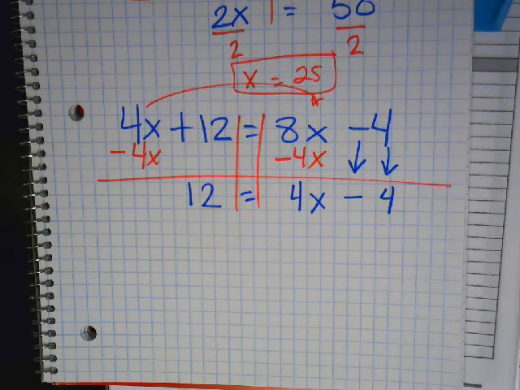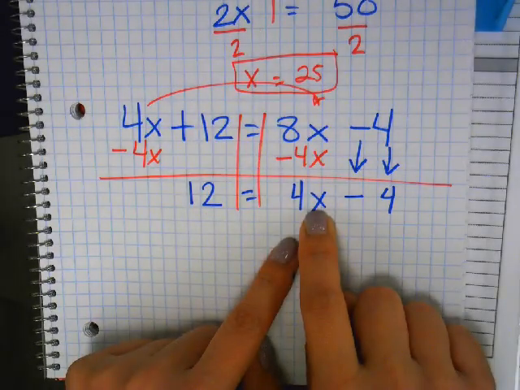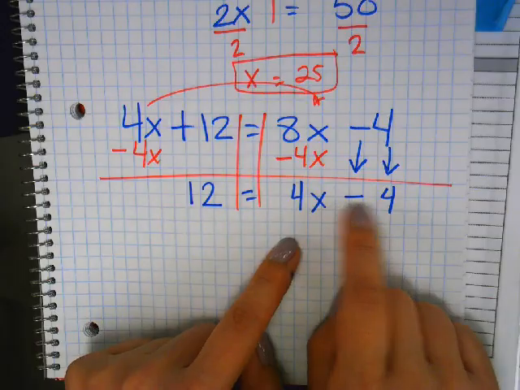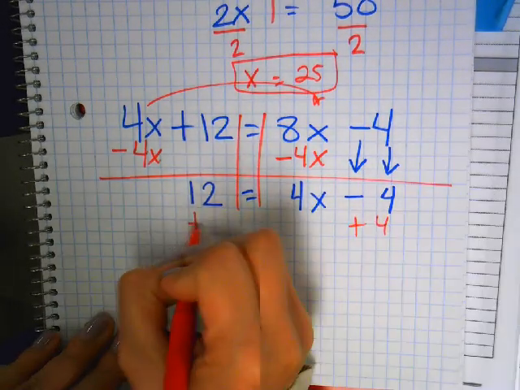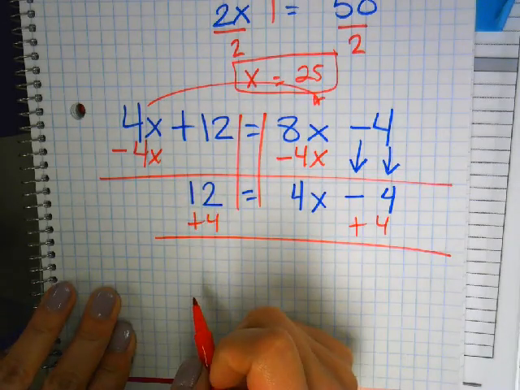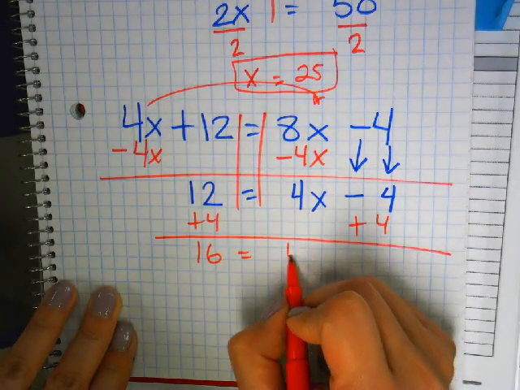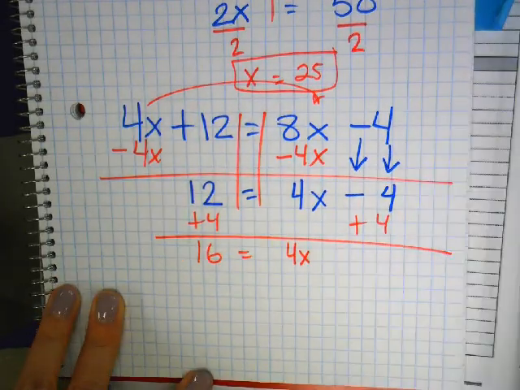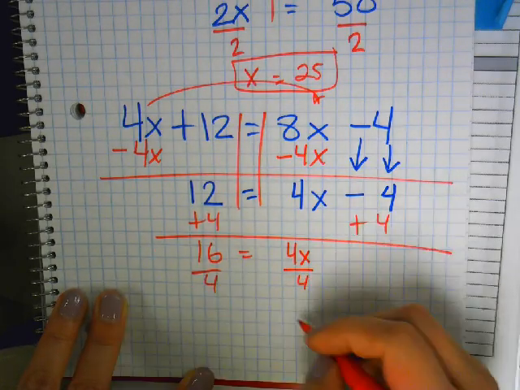Okay. What do I move? I want x by itself. So what do I move? 4. It says minus 4. So what are you going to do? Add 4. Add 4. What's 12 plus 4? 16 equals, what's left on this side? 4x. Now what? What's my last step? Divide by. And what is x equal to?